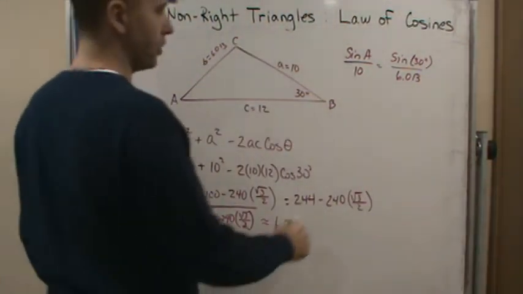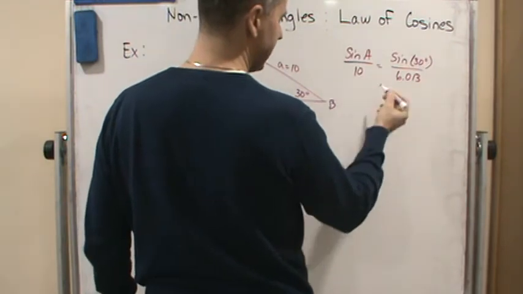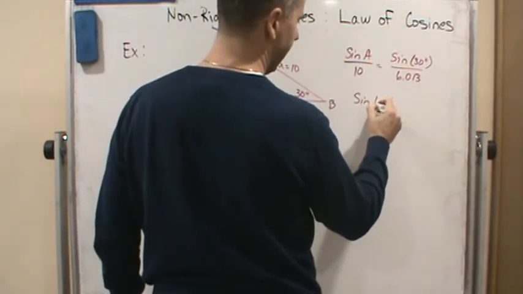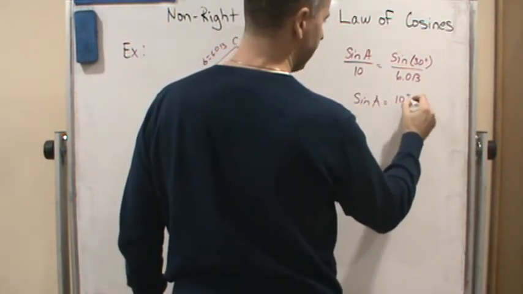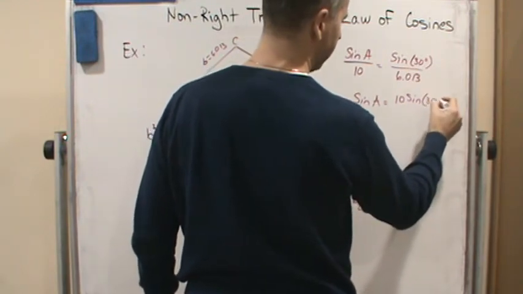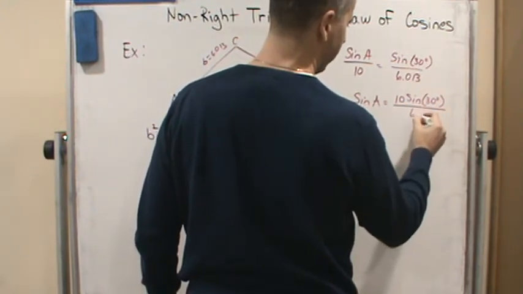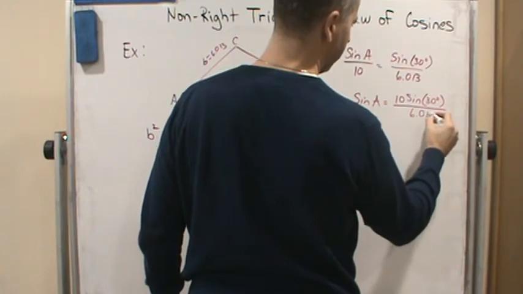So now all we have to do is solve for A. Multiply both sides by 10 and we get sine A is equal to 10 sine 30 degrees divided by 6.013.